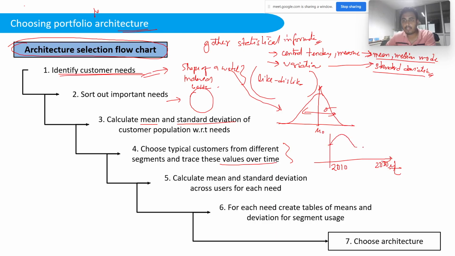For example, for a company marketing person, you try to analyze whether there is a change in the mu value over time. Then you calculate mean and standard deviation for a particular customer segment and for a particular need also.